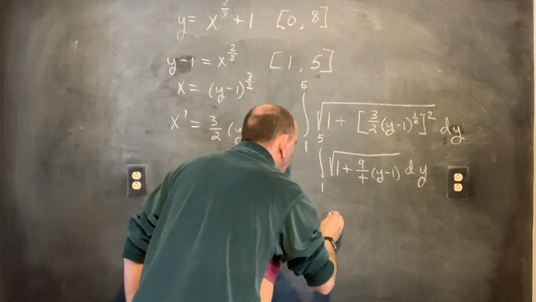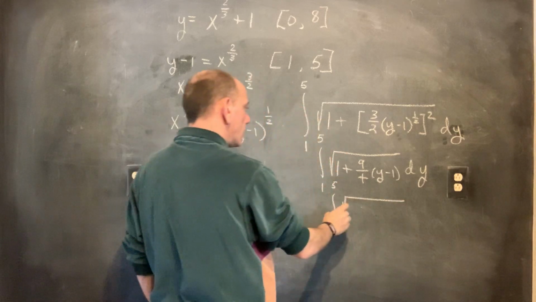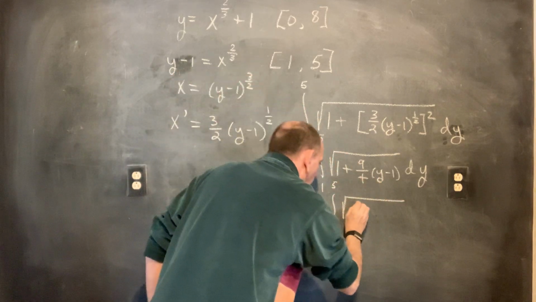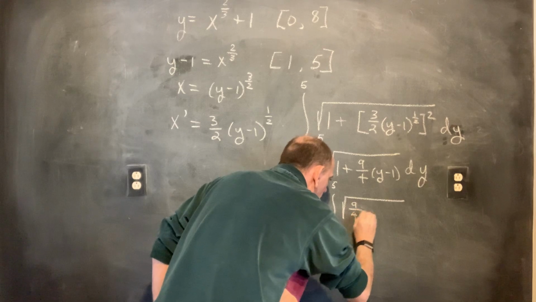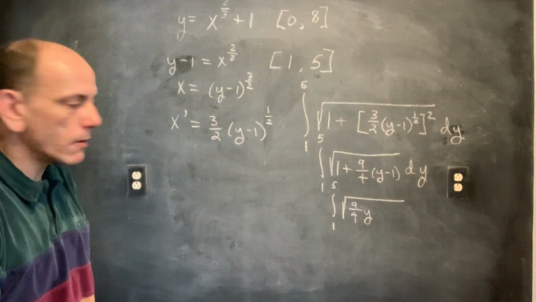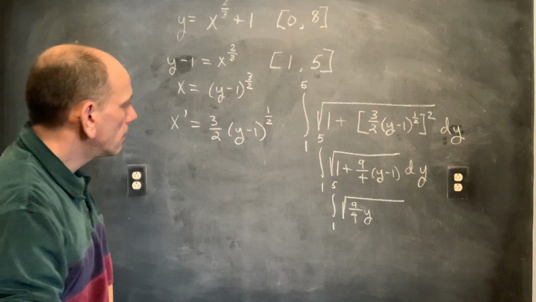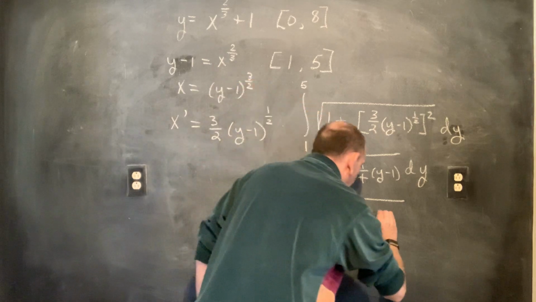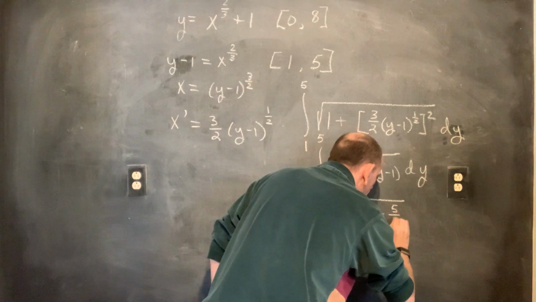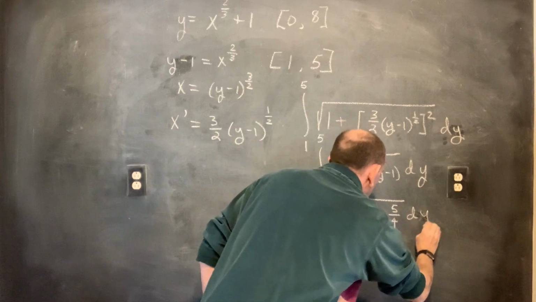So, integral 1 to 5, root, we have 9/4 y, and 1 minus 9/4, that's 4/4 minus 9/4, negative 5/4. Force of habit. dy.